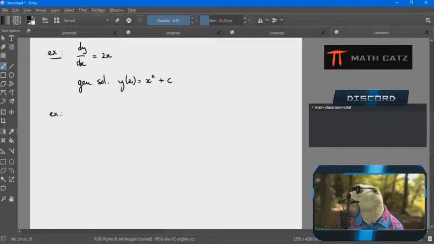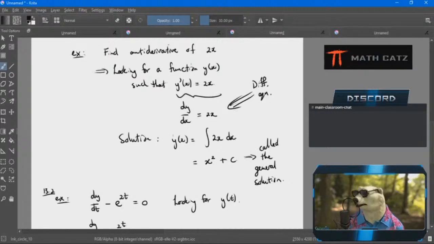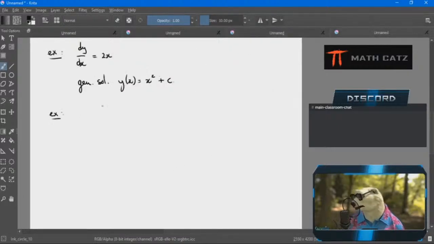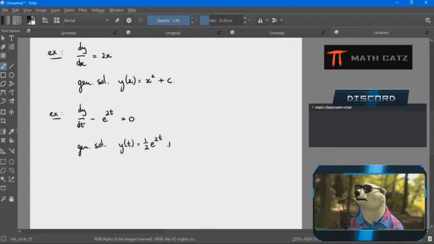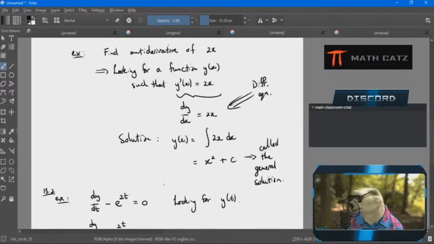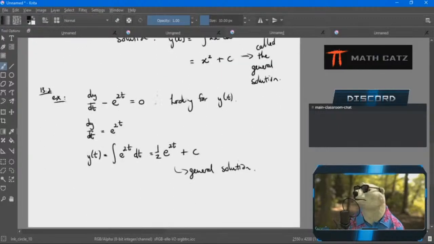Our other example was over here at the bottom, dy/dt minus e to the 2t equals 0. Our general solution was y of t equals 1/2 e to the 2t plus c, which we did by our normal antiderivative procedures.